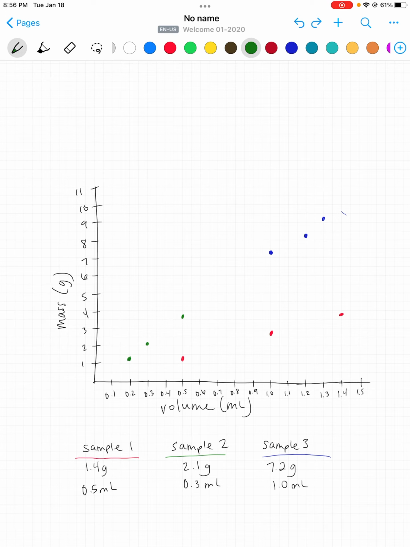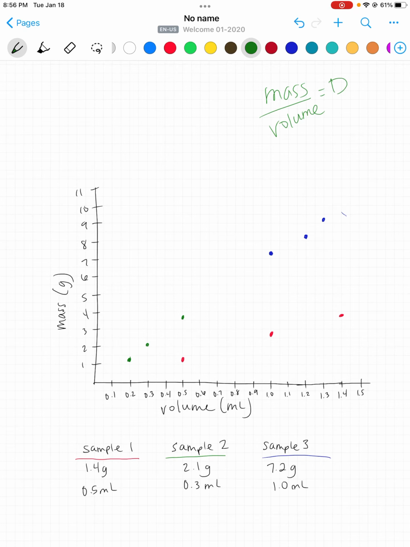So I can see that they're not the same substance because the amount of mass per unit of volume is not the same. I can see that they're different. And if you think about the formula, when we think about mass over volume, what we're really talking about is density. So the density of these 3 substances are different.